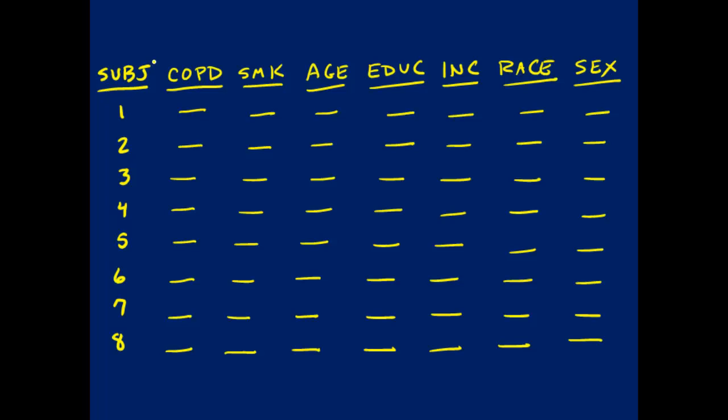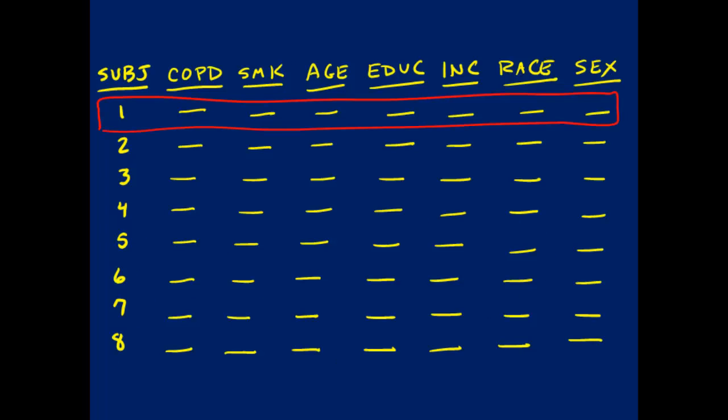And over here on the left side, I have some variable which represents the subject study ID number, numbers 1, 2, 3, 4, 5, 6, 7, 8, etc. And I have a variable which indicates whether or not the participant has COPD, and then years of smoking, their age, their education, their income, their race, and their sex. And these lines indicate data points that we would have for each of these variables for all of the people. So this row represents the data for one person.